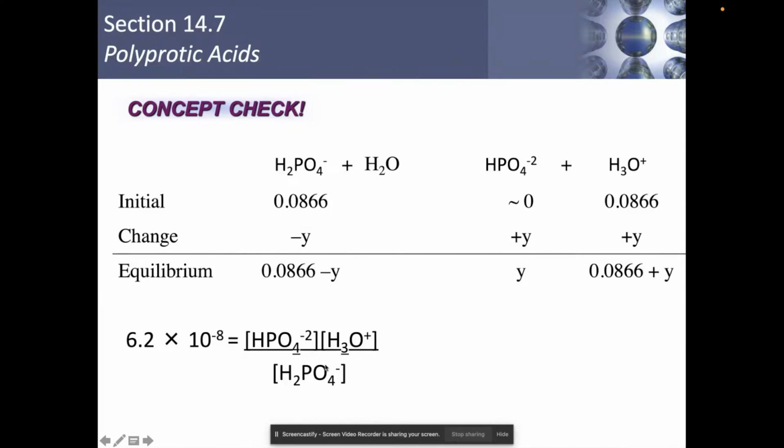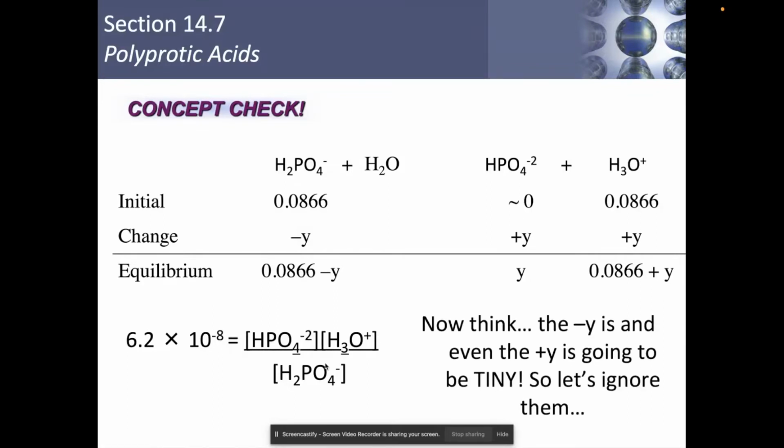Now we can actually do a shortcut here, and I want to kind of prove it to you again. So yes, this is an extremely tiny number, so I feel very confident saying this minus Y is going to be negligible. Why is the plus Y going to be negligible? Basically for the same reason. The amount of Y that we're going to have is so little, it's not really going to have an effect on this at all.